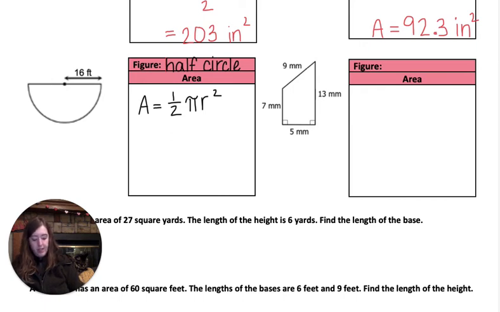Since they're labeling from the center out to the circle, this 16 right here is our radius. So we'll take 1/2 pi, our radius is 16, and then we'll square it.